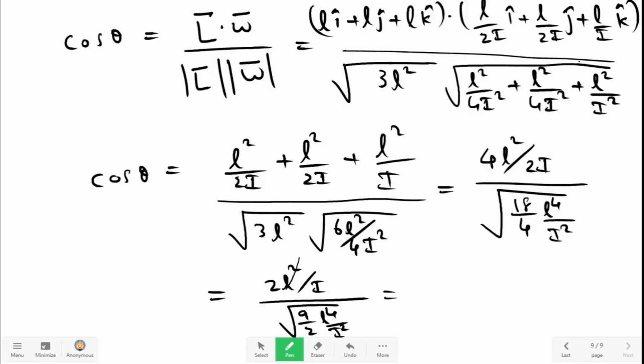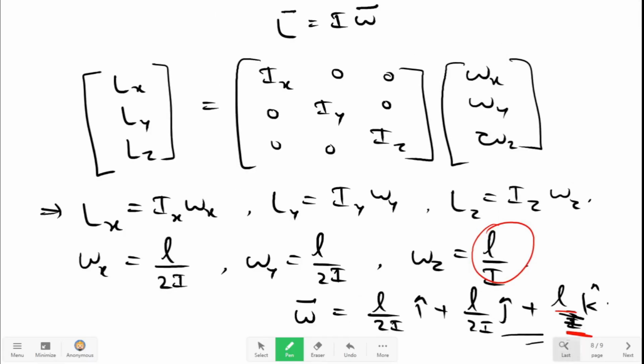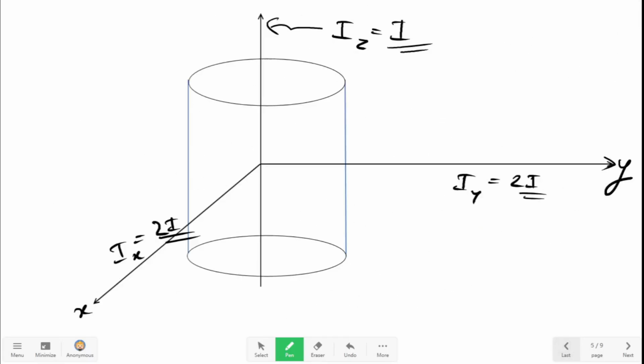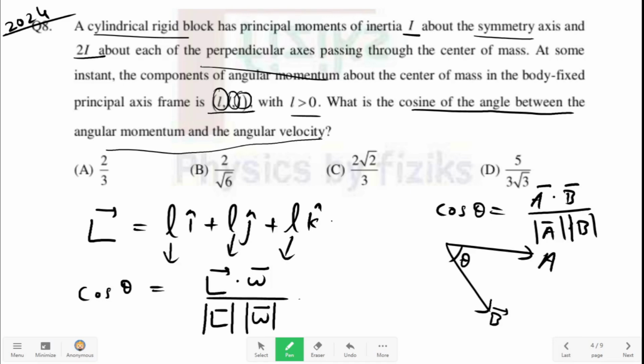L square and the root of L raised to 4 cancel, I and the root of I square cancel, and the remaining is 2 root 2 divided by root 9, which is 3. Therefore the correct option here is option C. Option C is the correct answer.